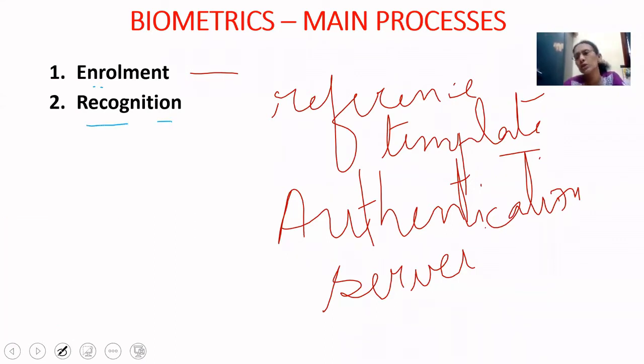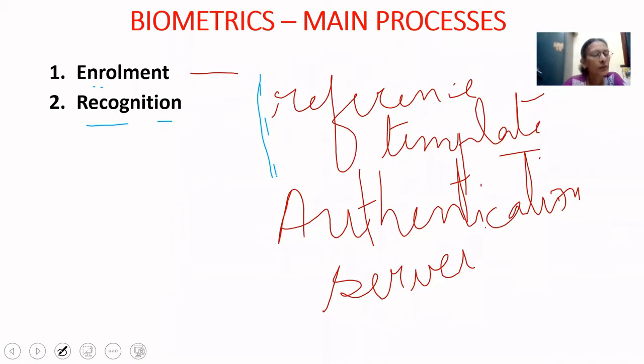The second phase is recognition. Here, a fresh sample of the person is taken, and again we create the template with the fresh sample and check whether this template matches any of the reference templates that we have already stored in the database.